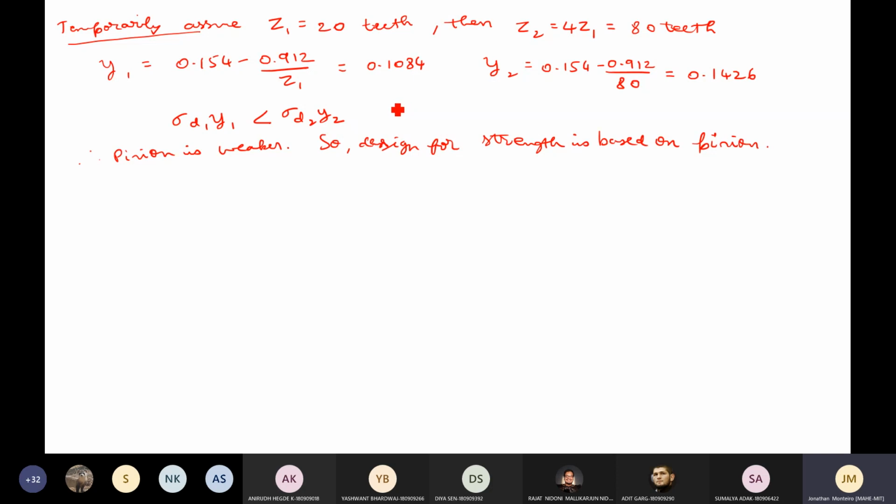Next, we will use the module equation. Now we want the module and we know the D value, but we do not know what is the z value still. We will use one more form of the Lewis equation, same equation number but one more form. m is equal to the root of Ft by sigma d Cv K and capital Y. Same equation number 12.5b on page 204.